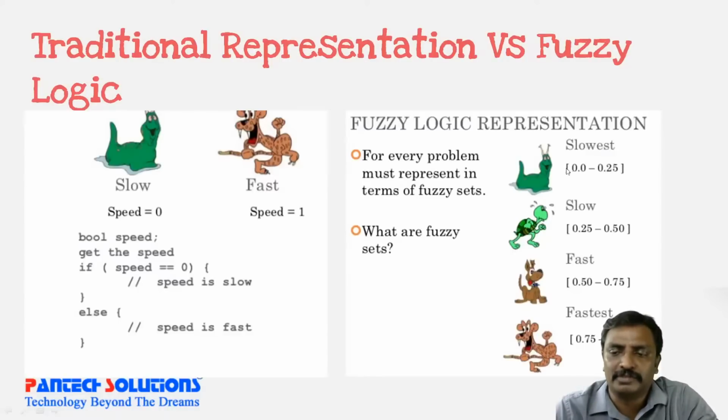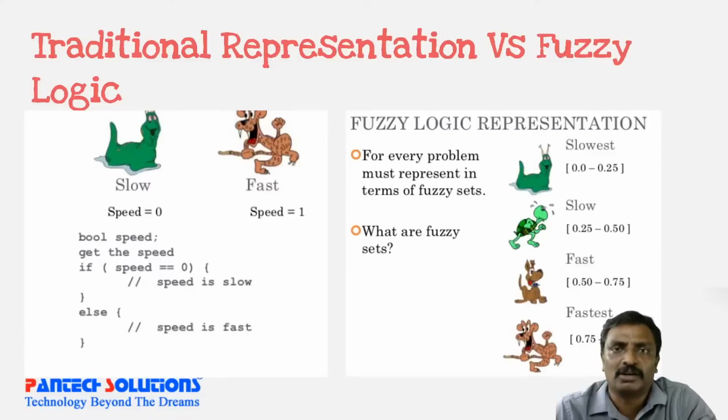If the speed is between 0.0 and 0.25, it's slowest. Then what is the output? If the speed is 0.25 to 0.50, it is slow, 0.50 to 0.75, it is fast, and 0.75 to 1, it is fastest. If this is the input, then what is the output? Those are the fuzzy rules. That is the advantage of a fuzzy logic statement over a normal if-else statement.